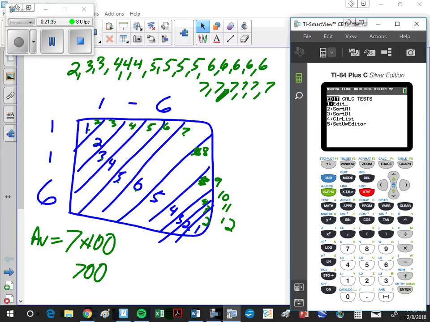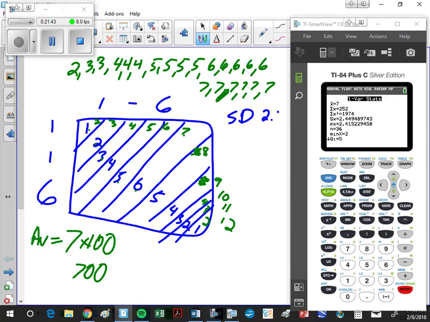So stats, calc, one variable stats. And we get an SD of 2.4.